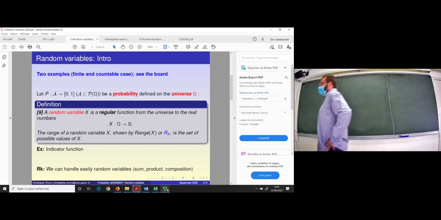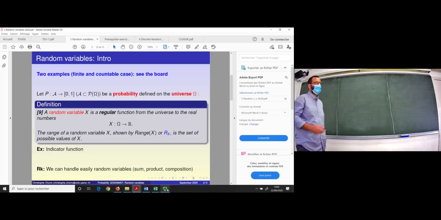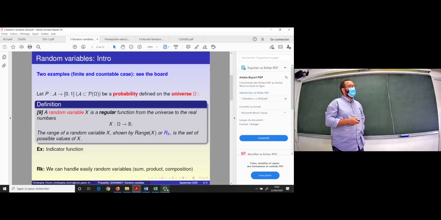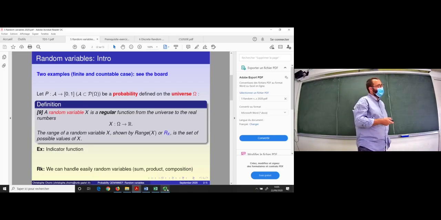So what I will call a random variable in this course will be very, very general. For me and for you, a random variable will just be a mapping from omega into R, omega being the universe related to the probability P. So if you see my definition, you have a "regular" here.